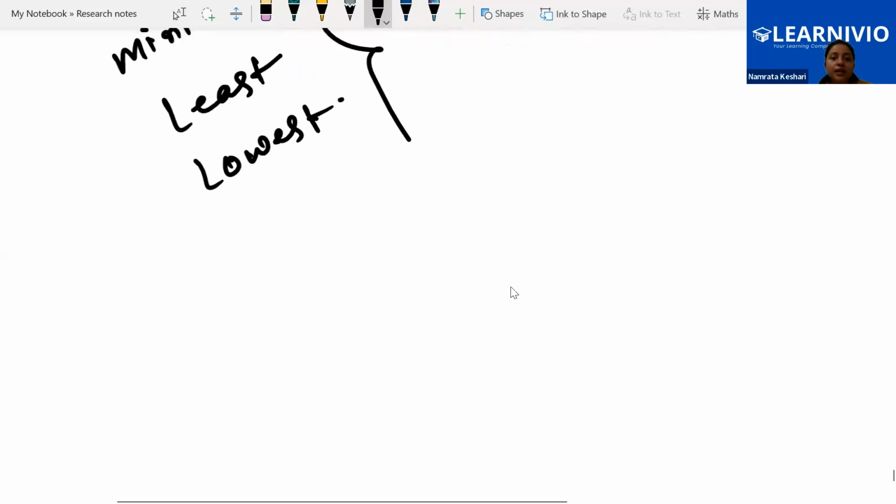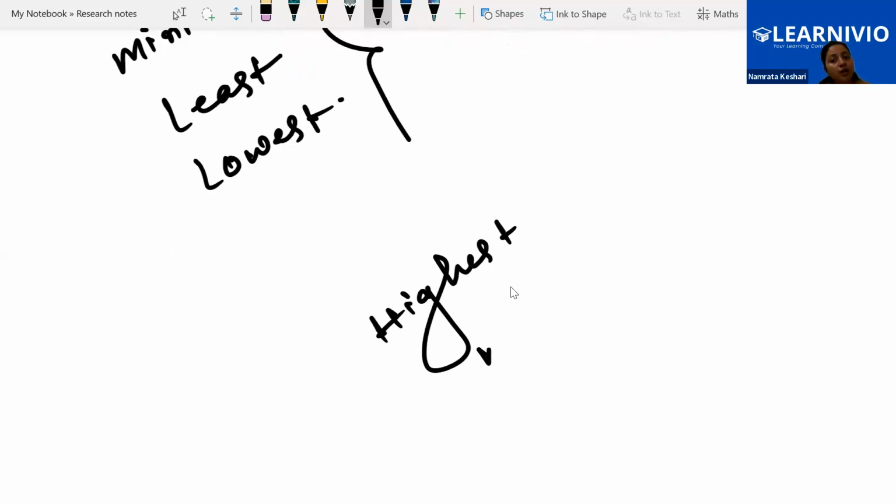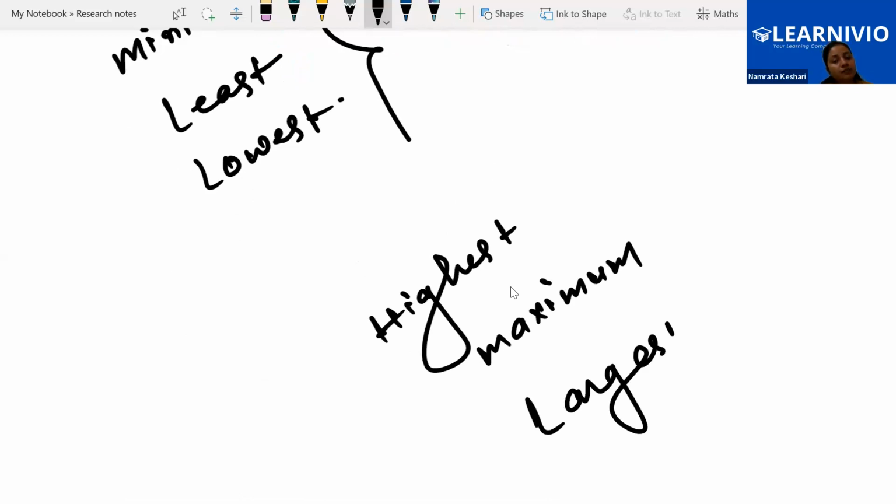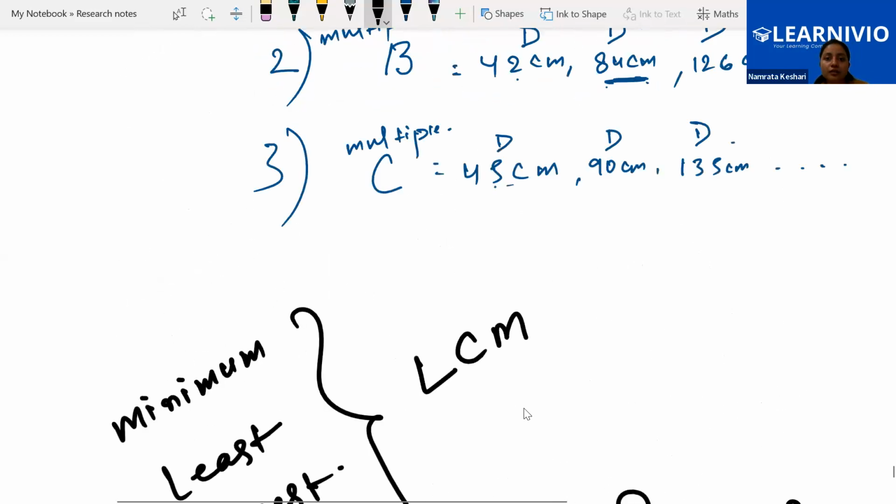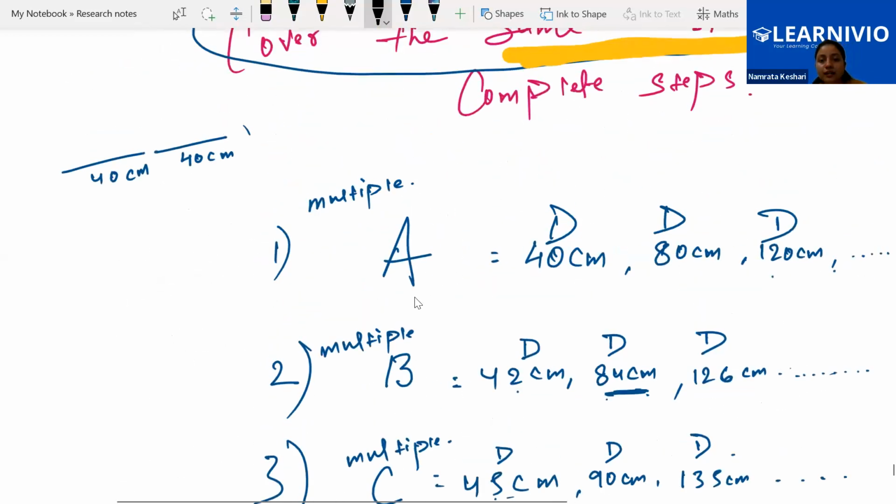If there is the word highest, the word maximum, or the word largest, we have to find HCF. Getting it?